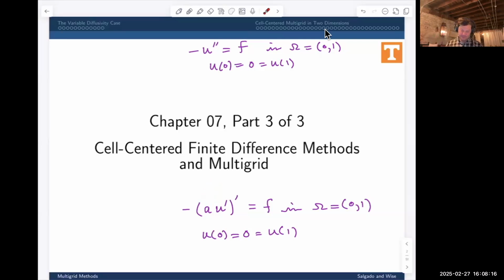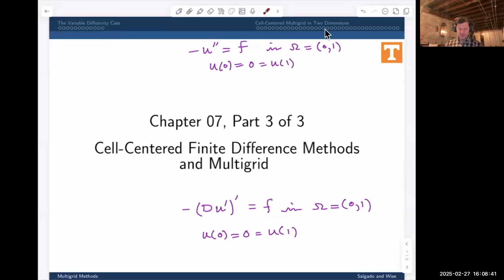Now, I'm going to change the notation from what I have here. Usually we use A, but A we like to reserve as our bilinear form. So let's call our diffusion coefficient D, for diffusivity.